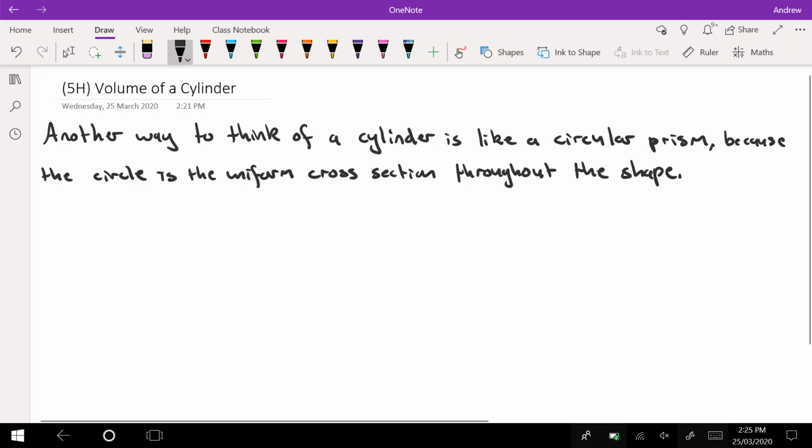So, we know that the volume of any prism is the area of the base times the height.